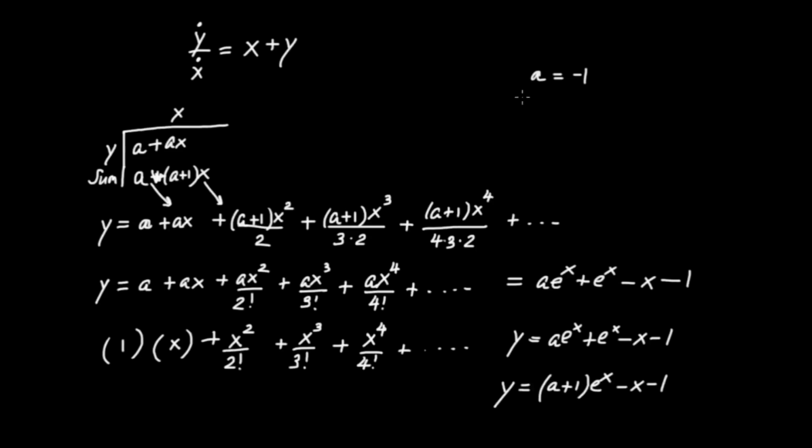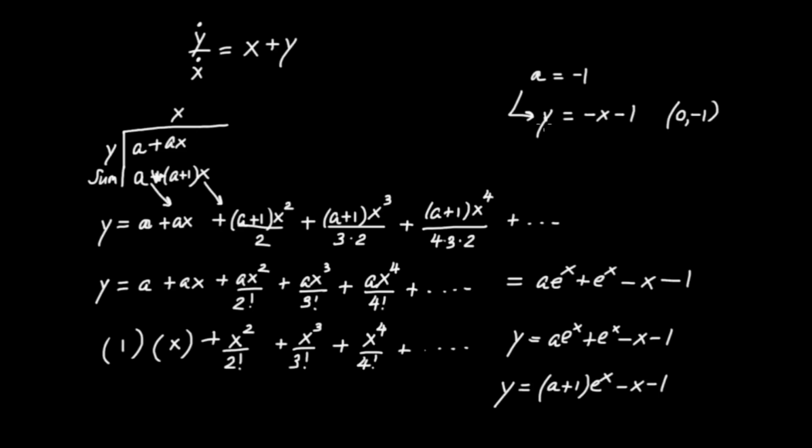And what that tells me is that y is going to be equal to minus x minus 1. And this particular solution to the differential equation is going to have the initial condition that y of 0 is going to be minus 1. In other words, the point 0 minus 1 is on this curve.